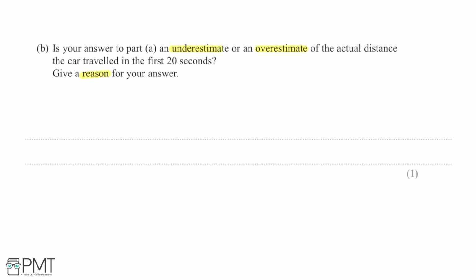So as there's area that's not included, it's going to be an underestimate because the distance should actually be greater. More squares should have been counted, but because we were approximating it with triangles and trapezia that were smaller than the area, it is in fact going to be an underestimate.